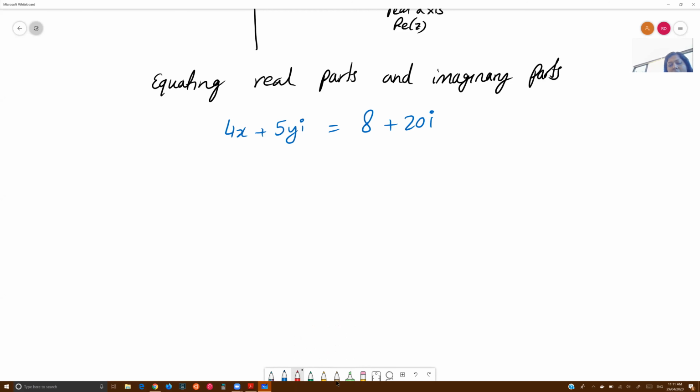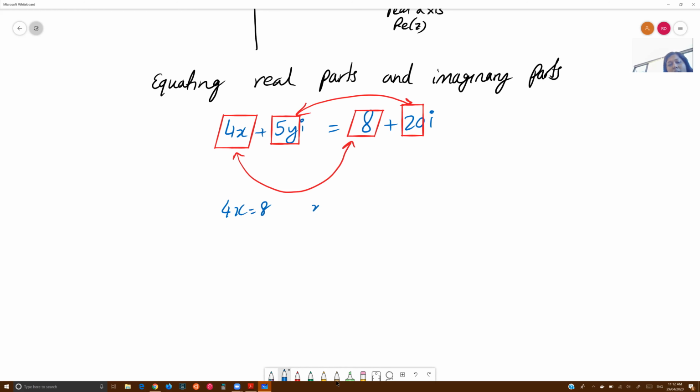In a situation like this, if you've got two complex numbers that are equal to each other, so this must be equal to this, then the real parts are equal to each other and the imaginary parts are equal to each other. So I can work out x and y using that. 4x is equal to 8, which means x is equal to 2, and 5y is equal to 20, which means y is equal to 4. So when you have an equation like this, we equate the real parts together and we equate the imaginary parts together to work out the variables.